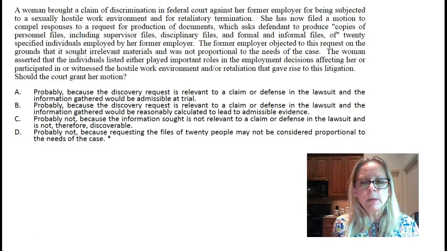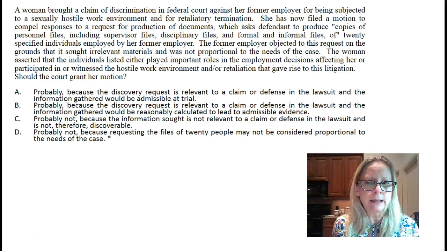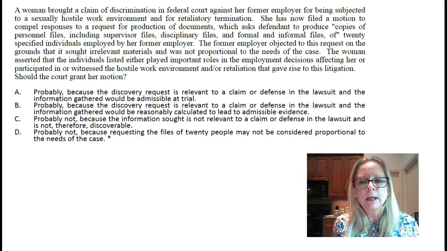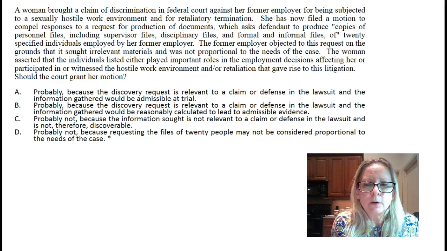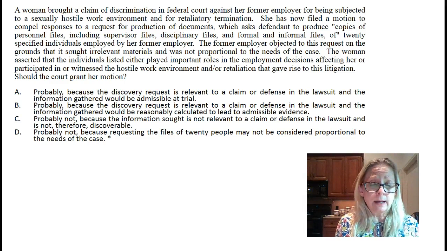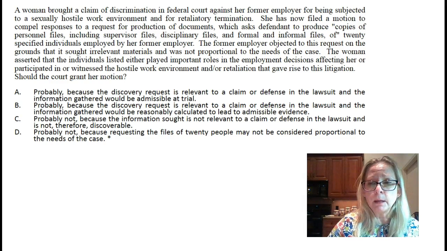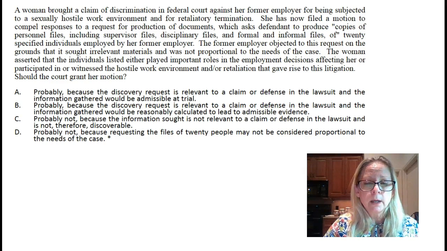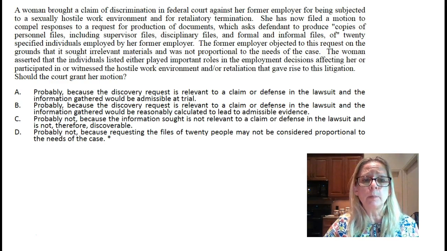Because, in fact, how many people could actually be involved in your decision to be fired, and how many people could have witnessed the sexual harassment? This is a hypothetical, right? So I just used 20 as something that might raise the possibility that this was not proportional and that maybe the parties needed to start with a smaller number of more important, critical people.